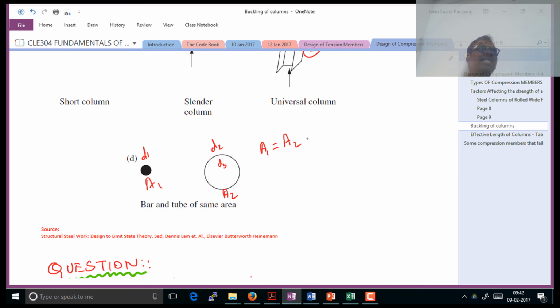It means that the second section will take a much higher load when the unsupported length is larger. Which column section is using more steel between 1 and 2? Both are the same, because the area of cross section is the same and the length is the same, so the amount of steel used is the same.